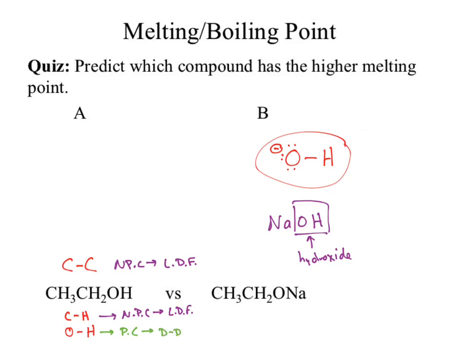If we have a dipole-dipole, what should we consider? Hydrogen bonding. Do we have hydrogen bonding? Yes. Do we have a hydrogen physically bonded to oxygen, nitrogen, or fluorine? Yes. Which of those is going to dictate the melting point for this compound? The hydrogen bonding, because it is the strongest force.